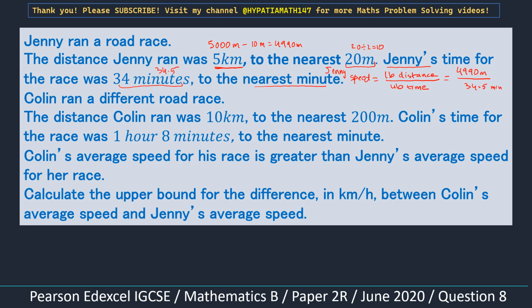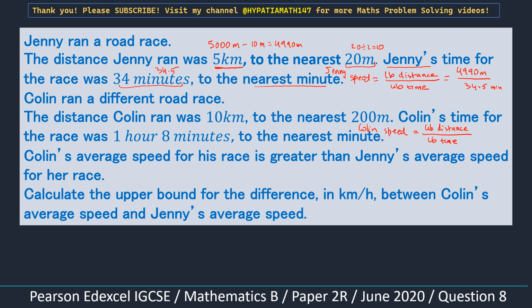So then you need the upper bound for distance, so I'm going to write speed of Colin will be the upper bound of distance divided by the lower bound for time.